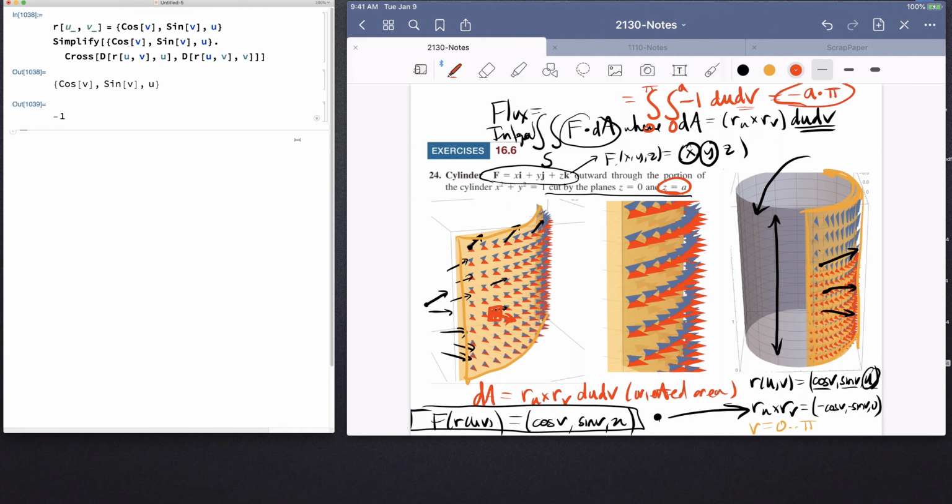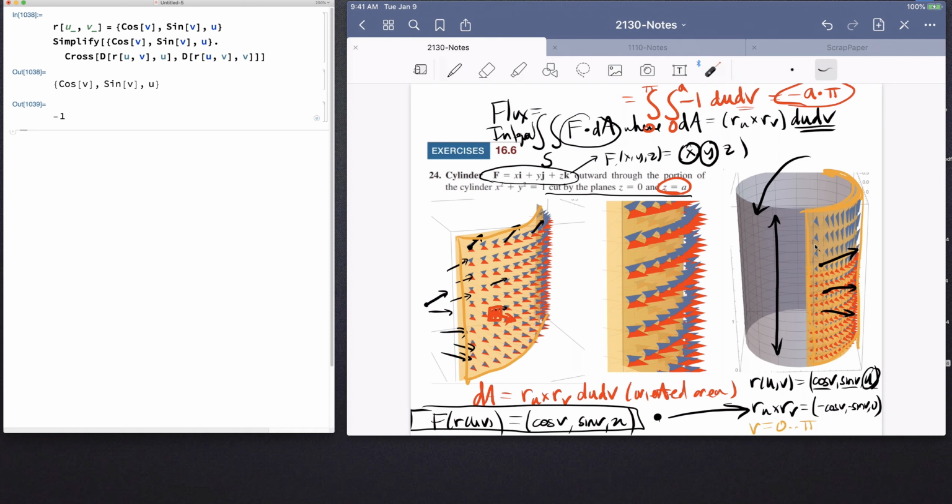The negative sign is indicating that more of the vector field is passing into the surface, going inside of the cylinder, than is coming out of the surface.